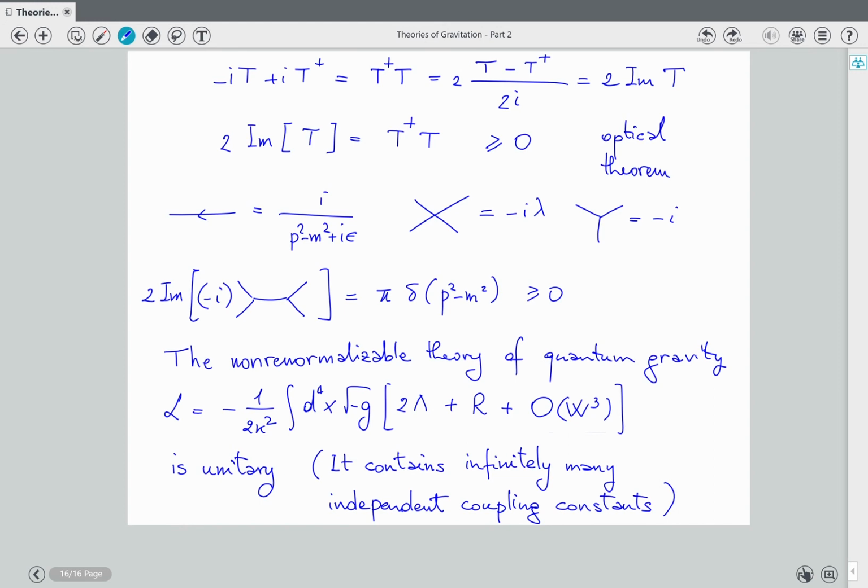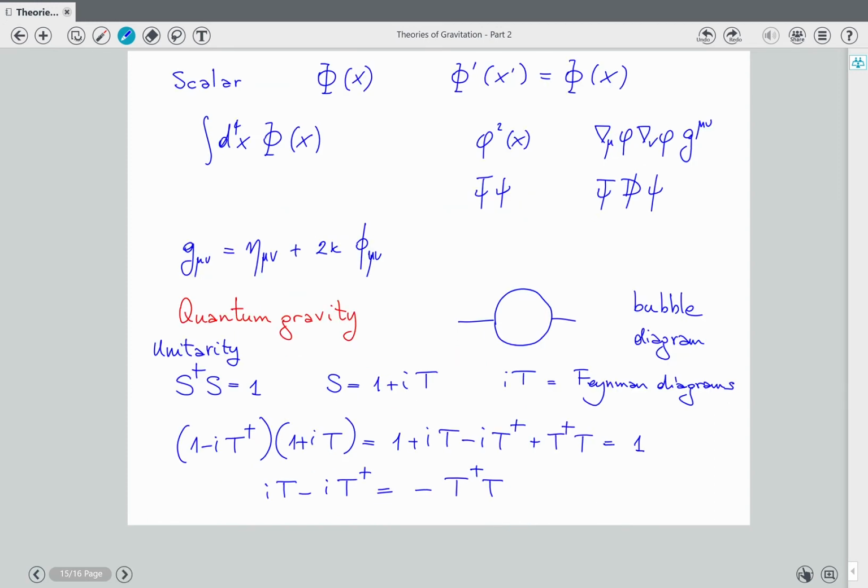But if you ask yourself if quantum field theory left the door open to go beyond this, then the question is to make the theory renormalizable, but the simplest attempts you can make will destroy unitarity. So that's why we have to discuss unitarity. Why is that?